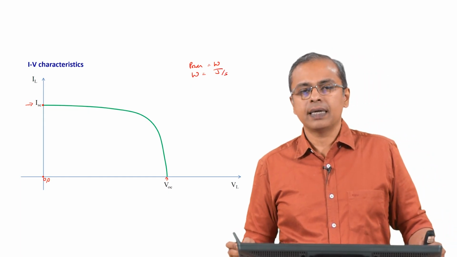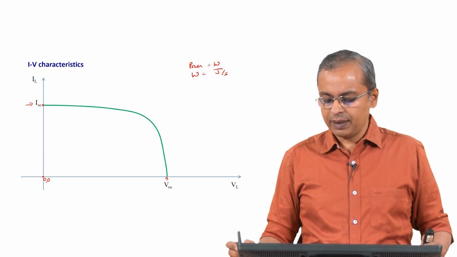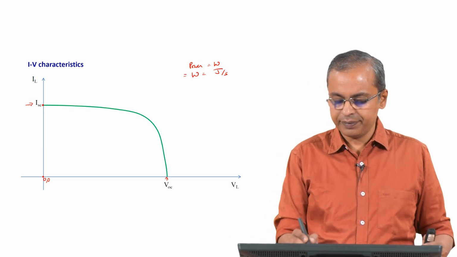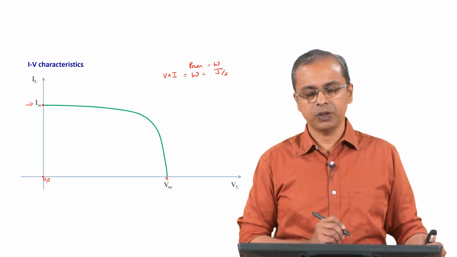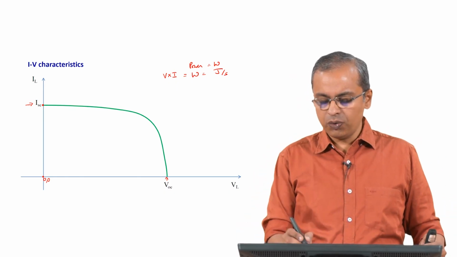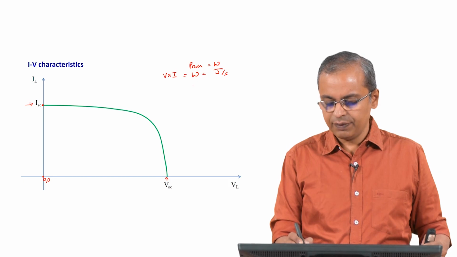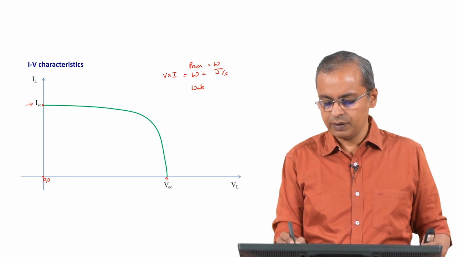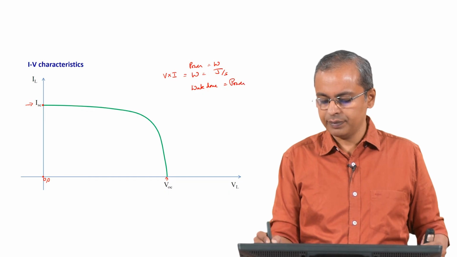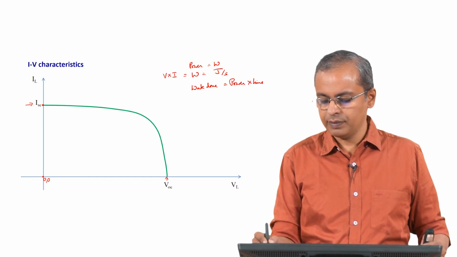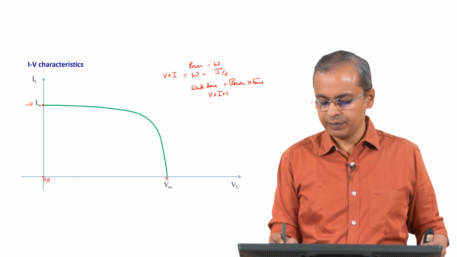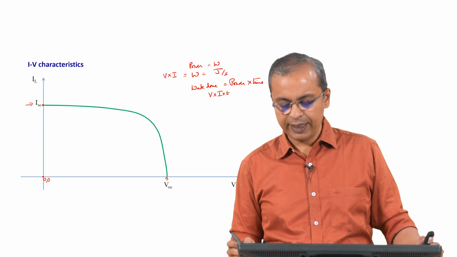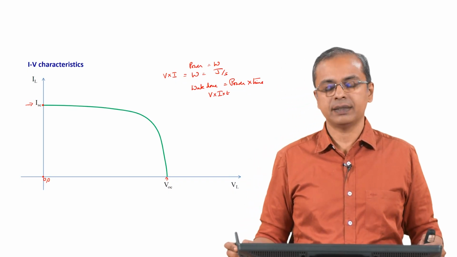This is V into I. If you want to look at the work done, it equals power into time, so V into I into T. That is the work that is done.